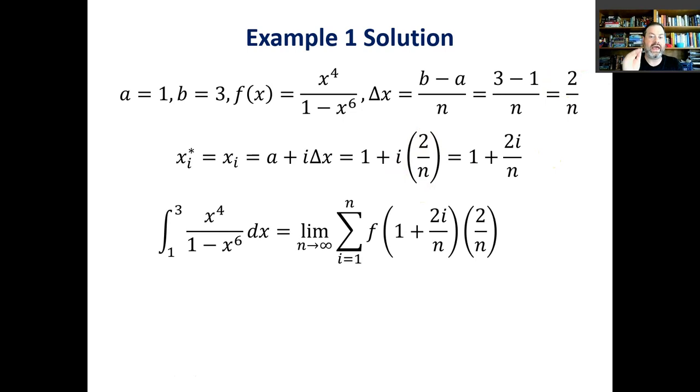Now we plug everything back into the formula. So this formula is from the previous slide. It's just the limit as n goes to infinity of f of xi, times delta x. Some things about notation are goofy, you just got to deal with it.